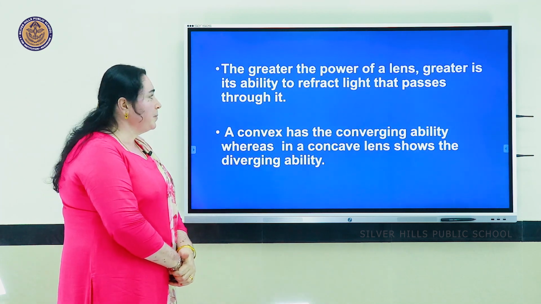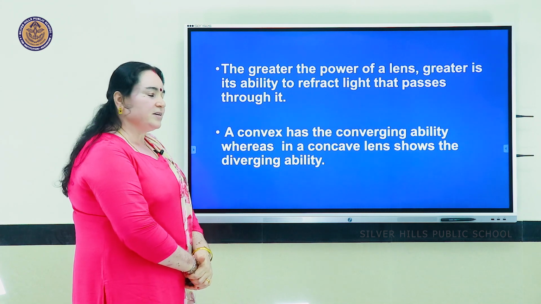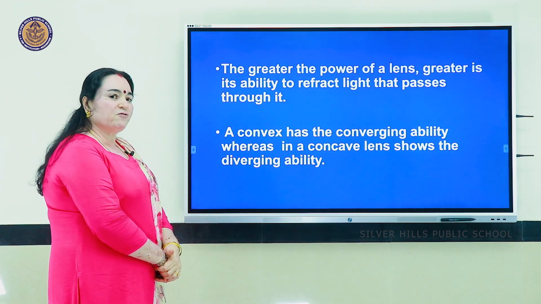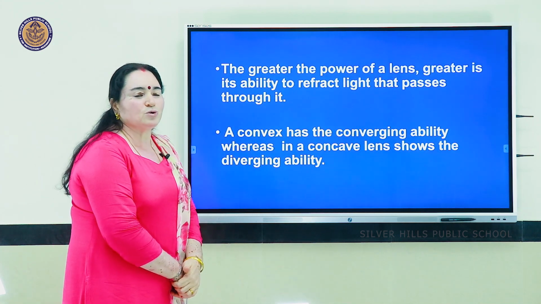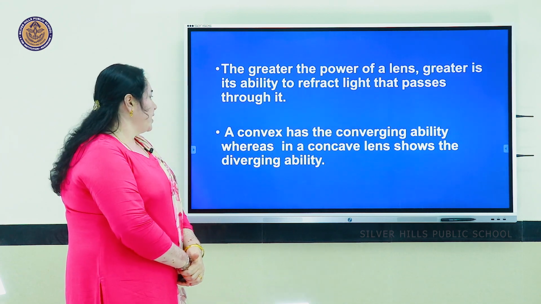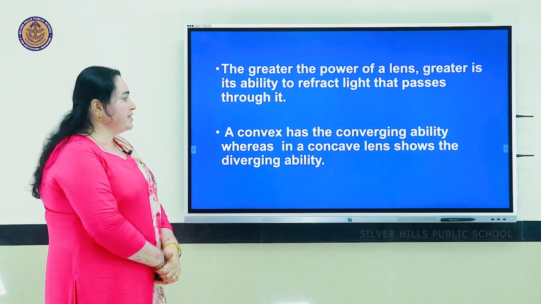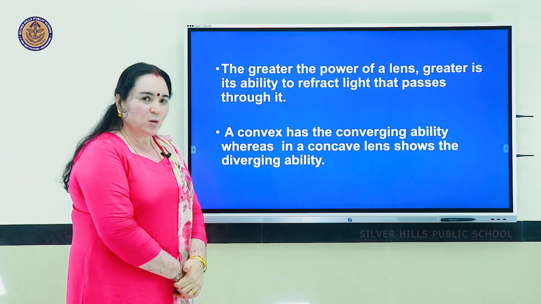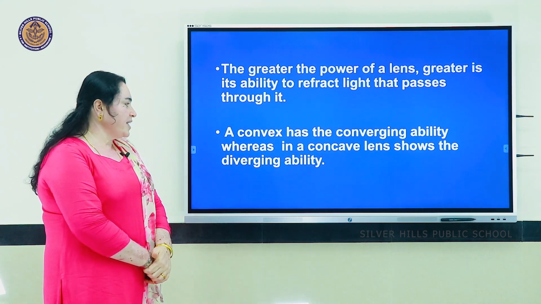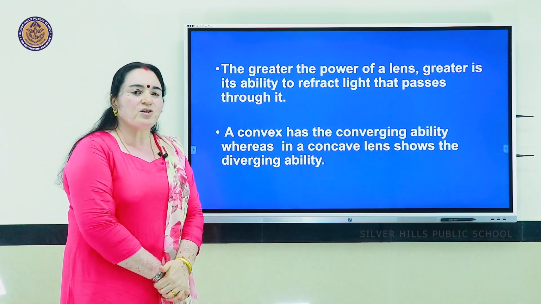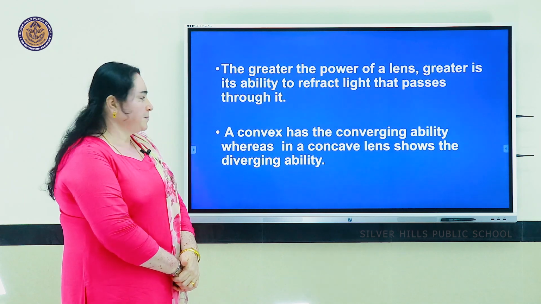The greater the power of the lens, the greater is its ability to refract light that passes through the lens. A convex lens has the ability to converge, whereas a concave lens has the ability to diverge the rays of light falling on it.